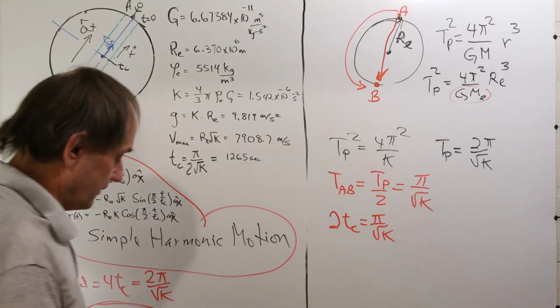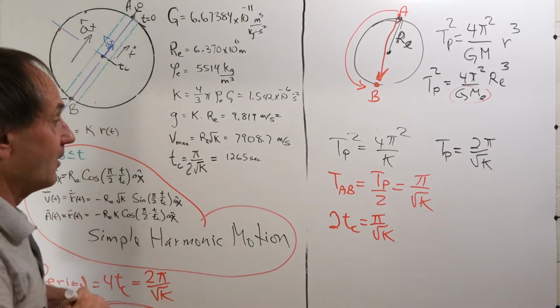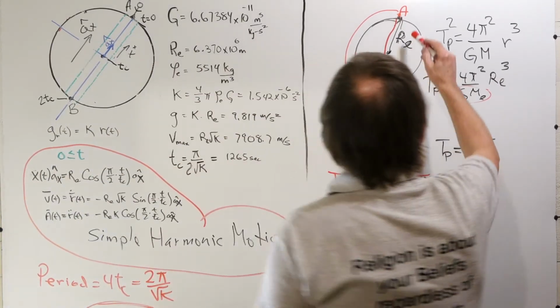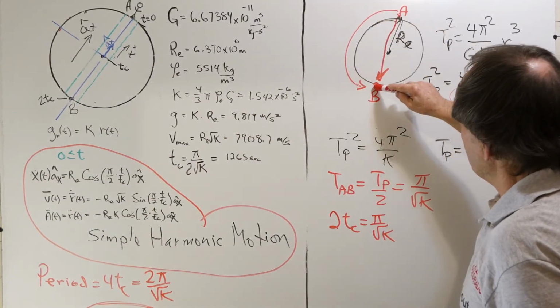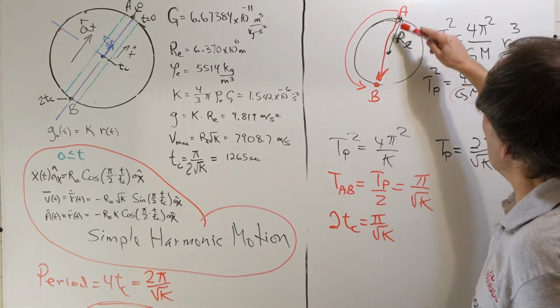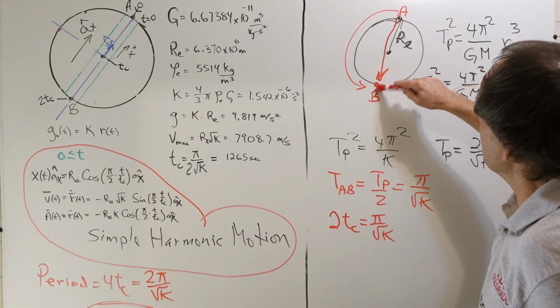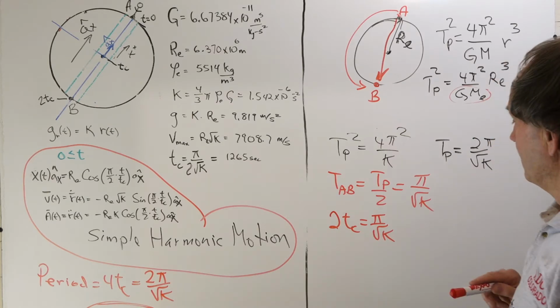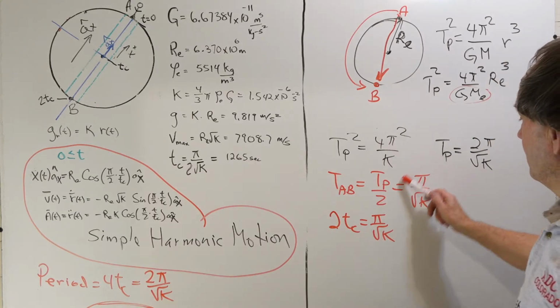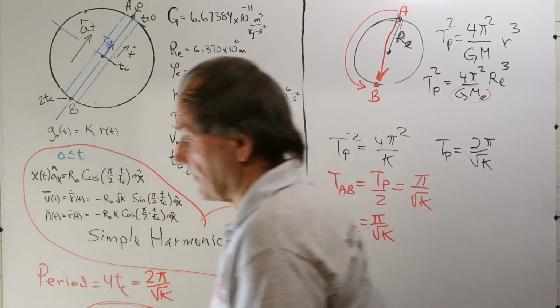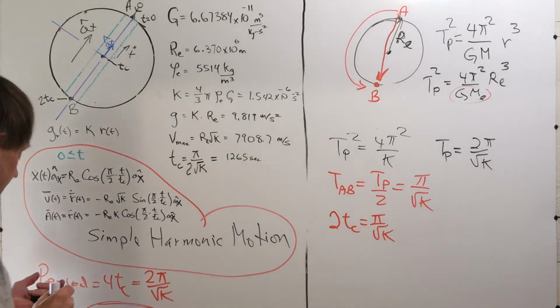And look at that. They're identical. The amount of time that it takes to go from A to B in an orbit is exactly the same amount of time that it takes to go from A to B falling through the center of the Earth. They're exactly the same.